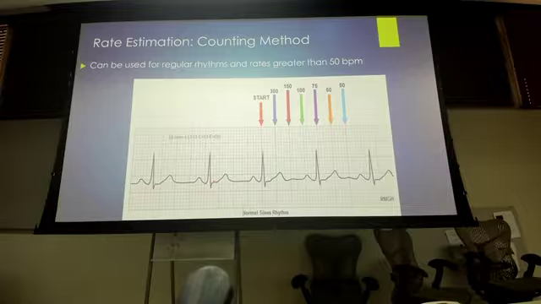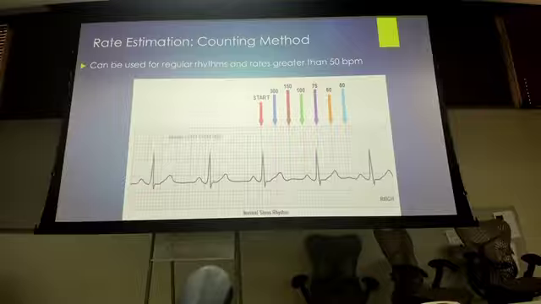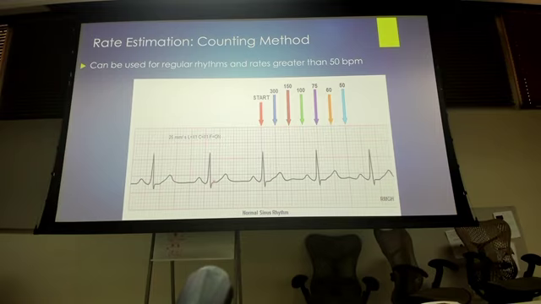Can someone have a super fast or super slow heart rate and that kill them before a heart attack? They can. Something like ventricular fibrillation, where your heart's doing this, okay? That will kill you before a heart attack. With a heart attack, usually if they make it in to see you, we have a little bit of time to get things going. We don't have a lot of time.